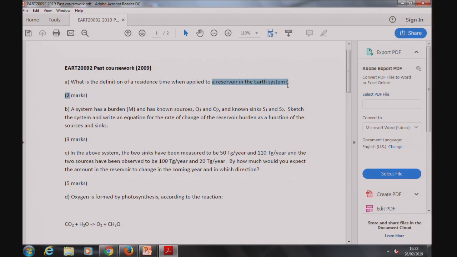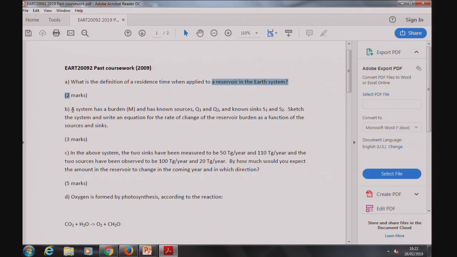If S is measured in, say, meters cubed per second, and M is measured in meters cubed, then the time it takes for this sink to empty, tau, is going to be M divided by S, and that's going to be in units of seconds. Make sense? Okay.